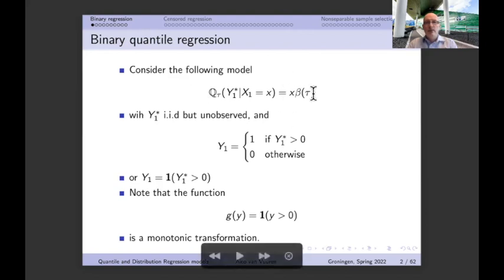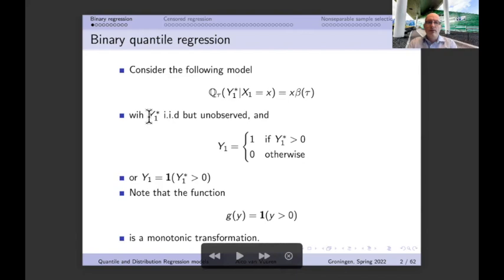So this is now going to be our relationship. If y1 star would have been observed, then we can just exactly do the things that we have done so far. But in this case, y1 star is going to be a so-called latent outcome variable, and that means that it's actually not observed.